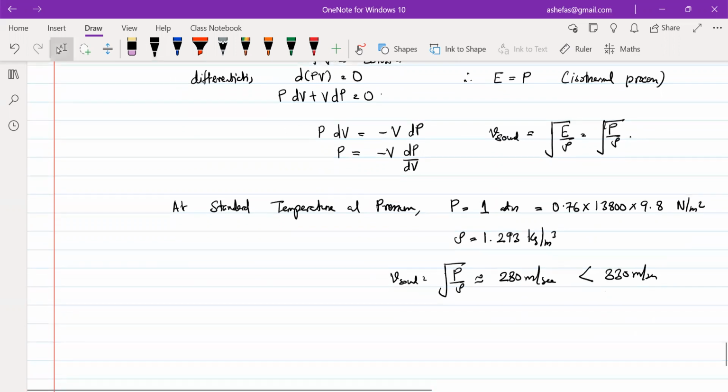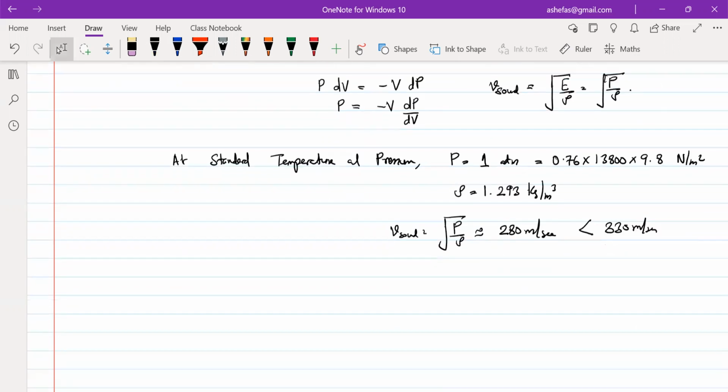Next we can check Laplace's approach. In Laplace's approach, the propagation of sound is an adiabatic process in which PV raised to gamma is a constant.